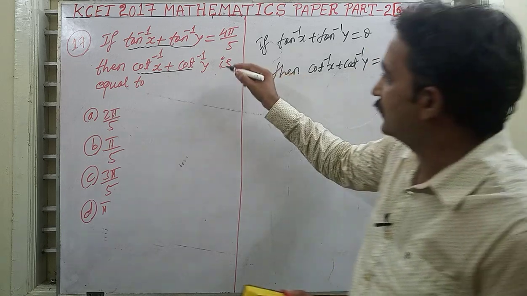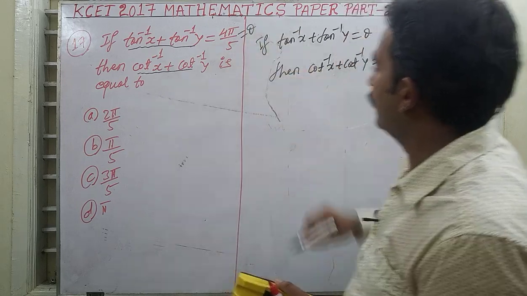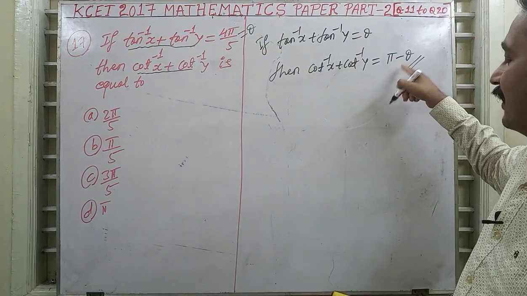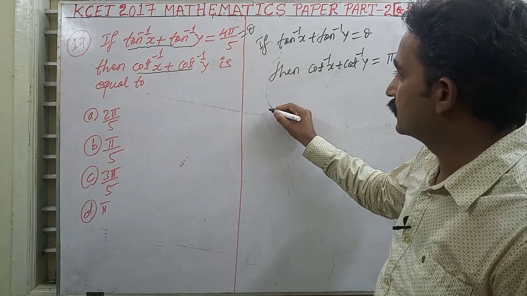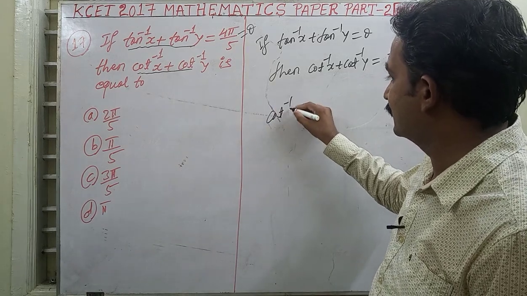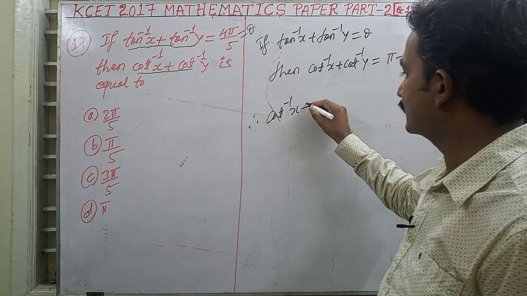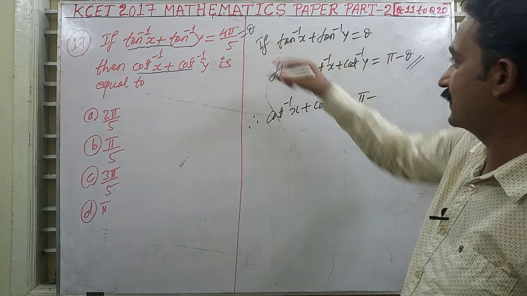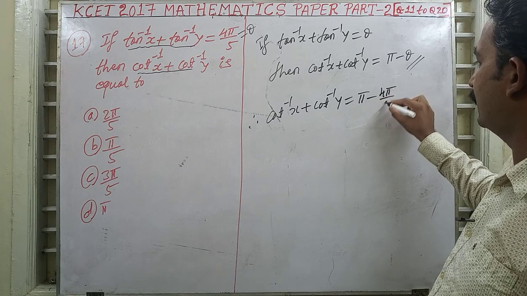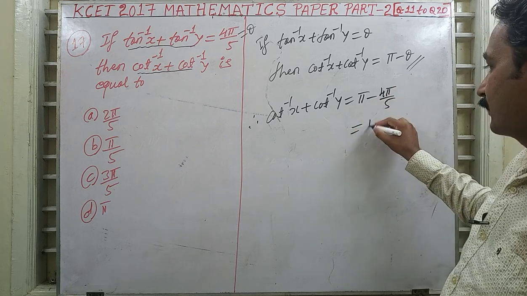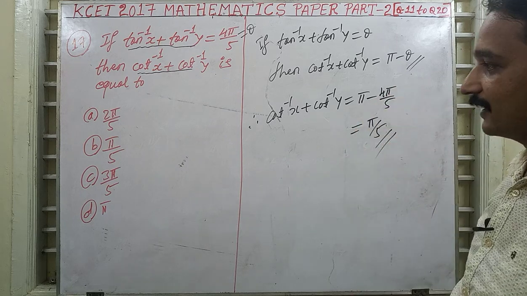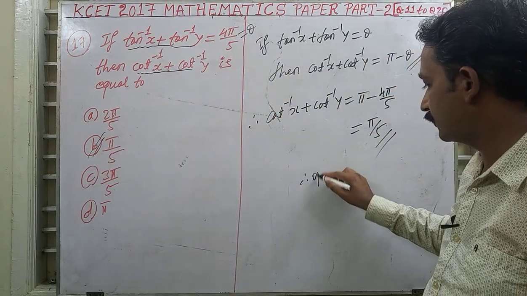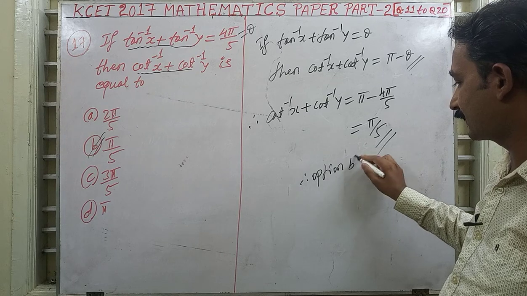So in this case theta is 4 pi by 5. So substitute 4 pi by 5 in this value, we get the required answer. Therefore cot inverse x plus cot inverse y is equal to pi minus 4 pi by 5, which is pi by 5. Option B is correct. Therefore option B is correct.